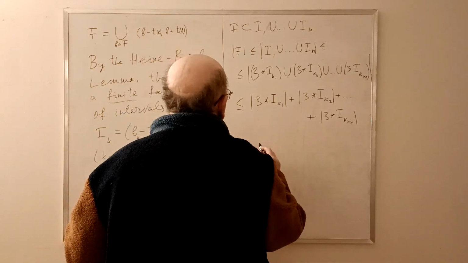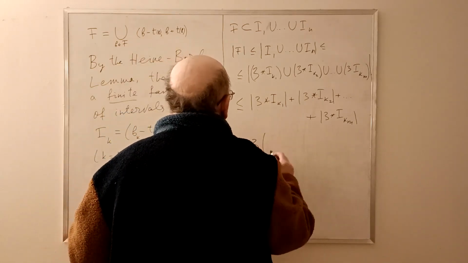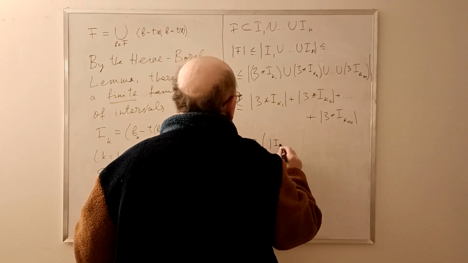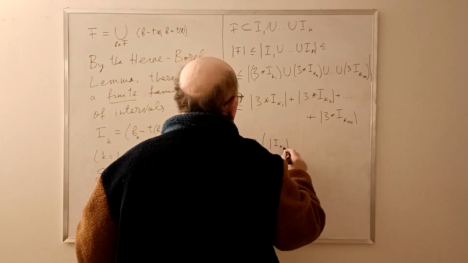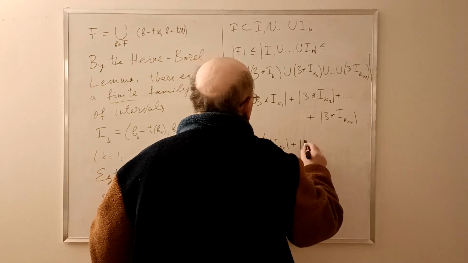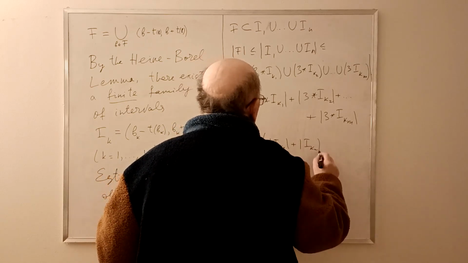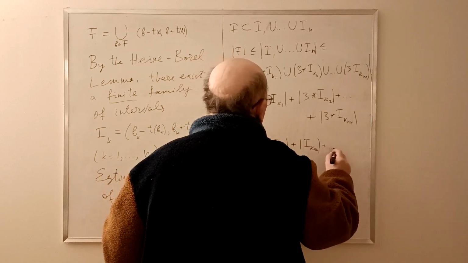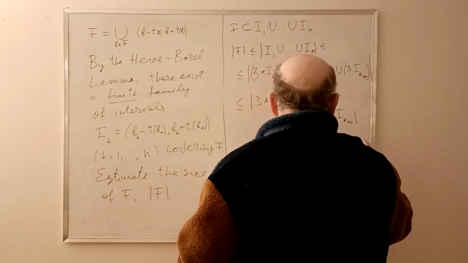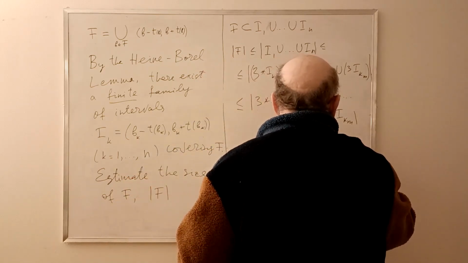So it equals 3 times the length of i k1 plus the length of i k2 plus, and so on, plus the length of i km.